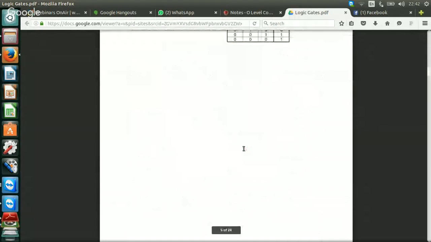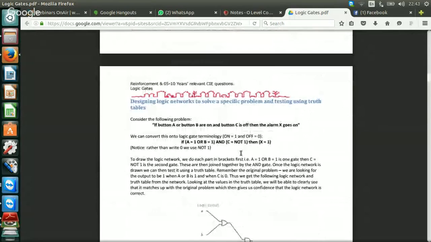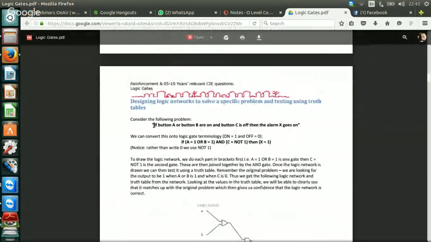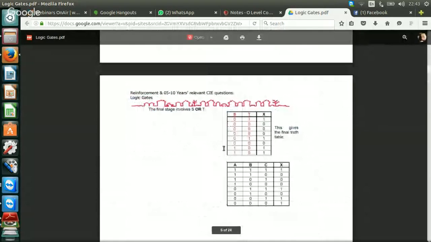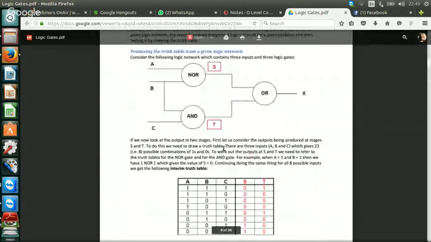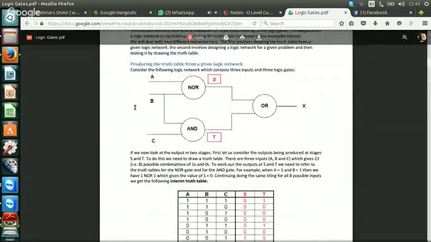Okay, so let's start by jumping into the equation part. I guess we have done questions previously with 2 inputs. We are going to do some practice questions later on.